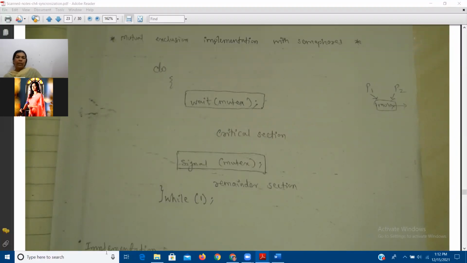How to achieve mutual exclusion using semaphore is given over here. Do, entry section, in the entry section the wait operation is there, then critical section, and after the critical section, the exit section. As a part of the exit section the signal operation is there, and then the remainder section.